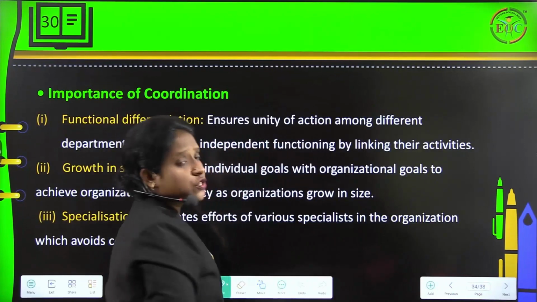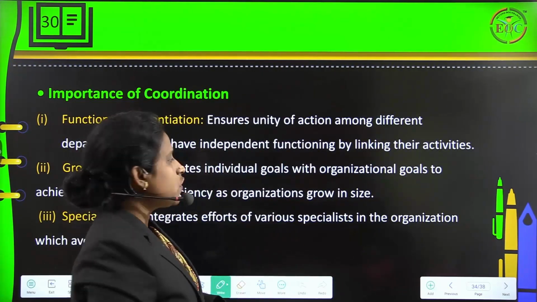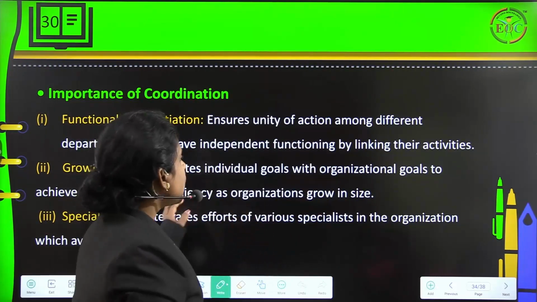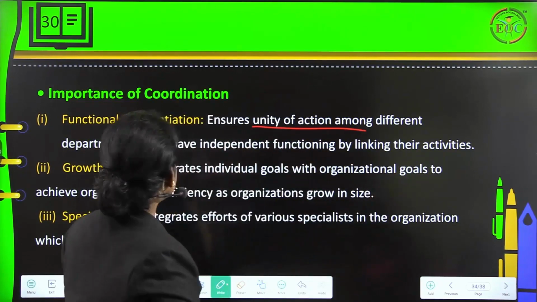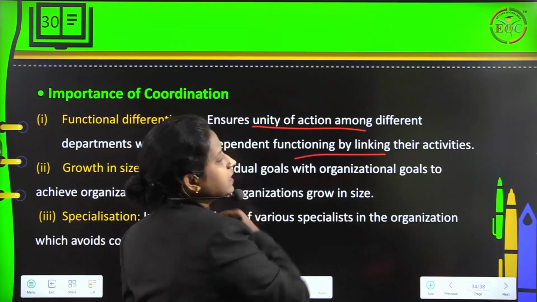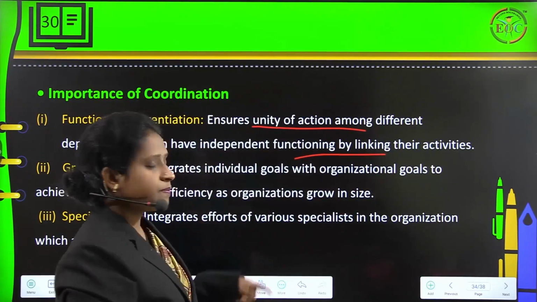So we know that coordination is very important in an organization. So let's discuss the importance of coordination. The first is functional differentiation. Under this, it ensures unity of action among different departments which have independent functioning by linking their activities. Fine. And next is growth in size.